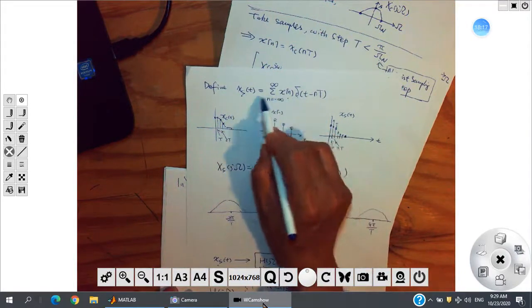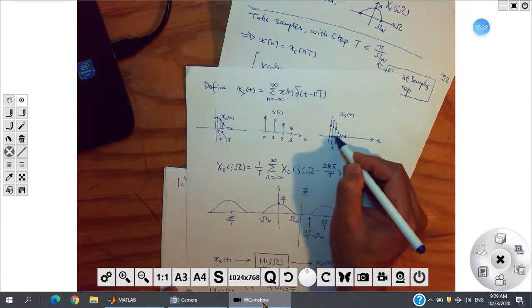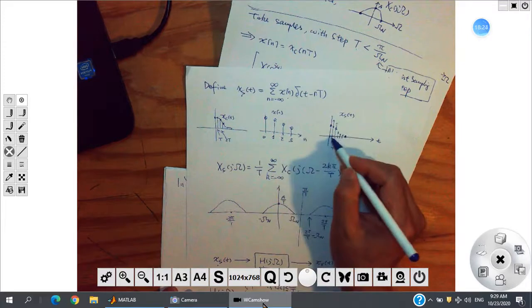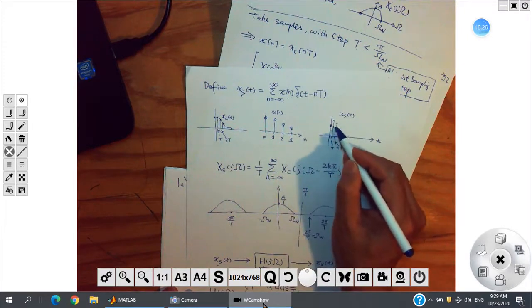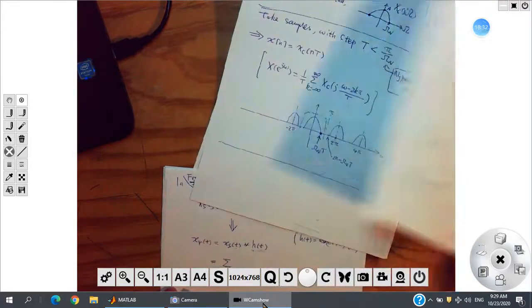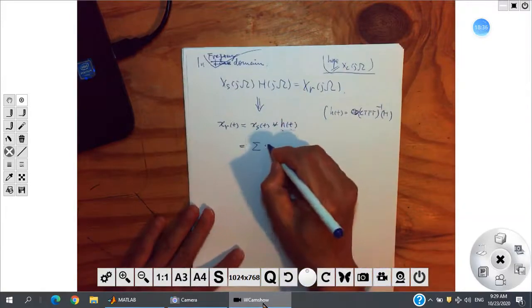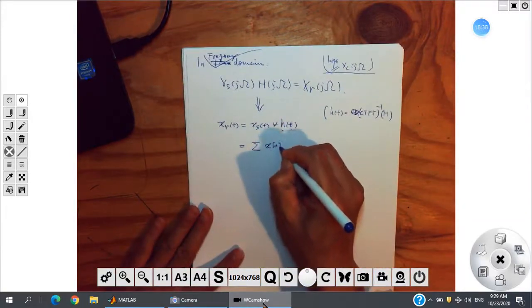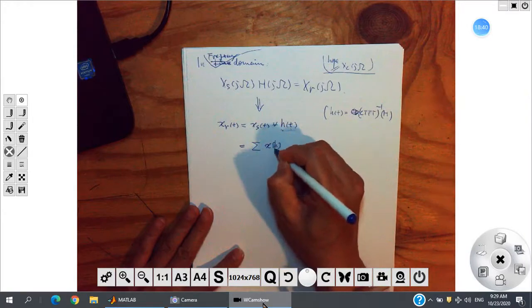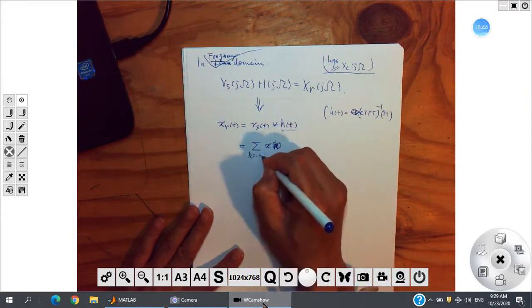Its values are just x of n, and for t other than nT, they are zeros. These are the values of xs. Then you apply the convolution here. Finally, you will have a summation of x of k, for k running from negative to positive infinity.